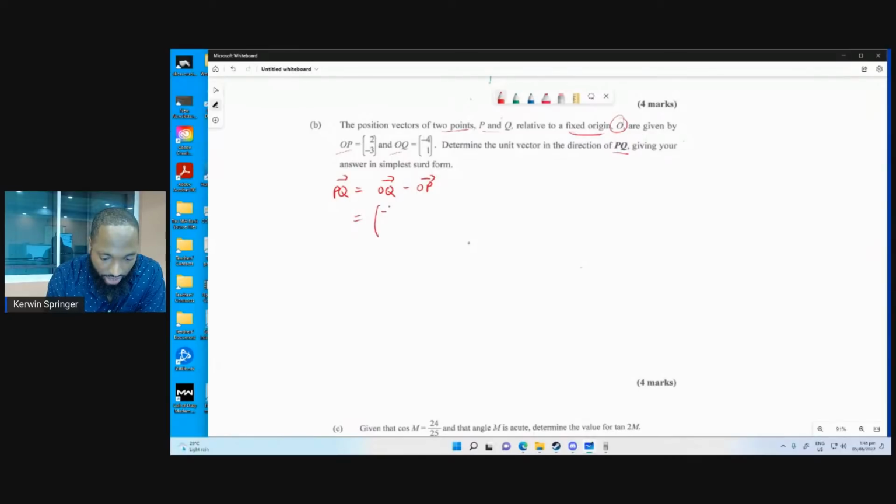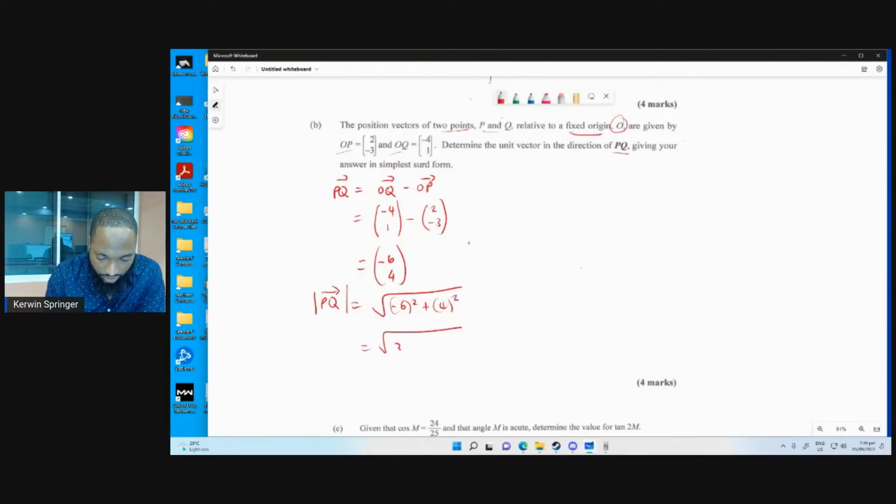So this is (negative 4, 1) minus (2, negative 3), which is (negative 6, 4). Then we need the magnitude of PQ, the square root of negative 6 squared plus 4 squared.